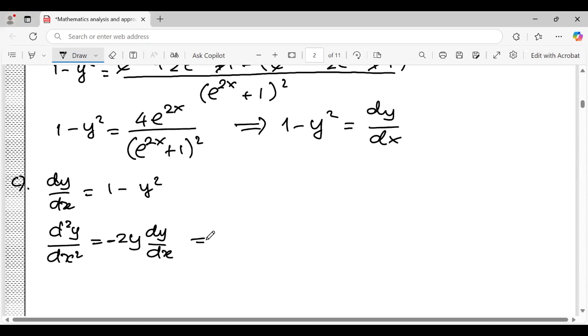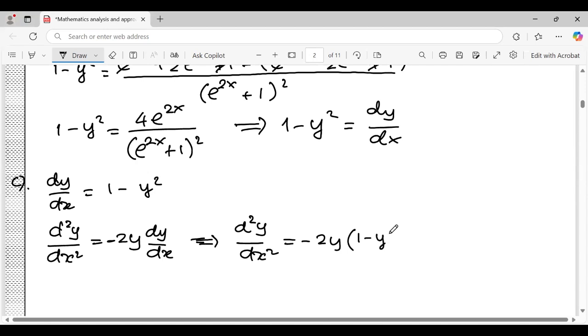So the second derivative equals minus 2y dy/dx, and dy/dx is this one, 1 minus y squared. Substitute 1 minus y squared into this equation.